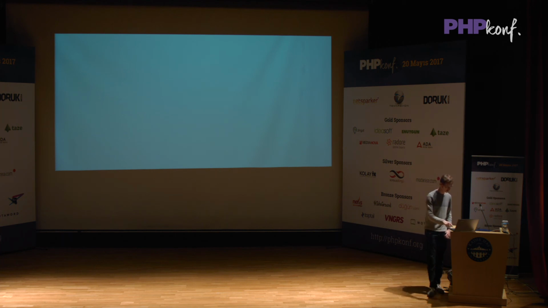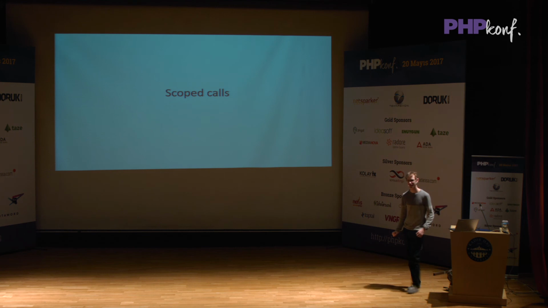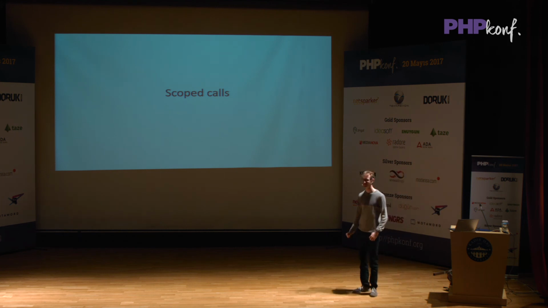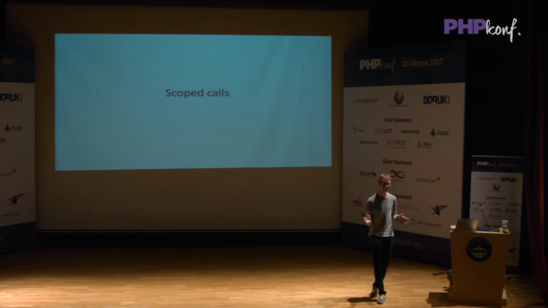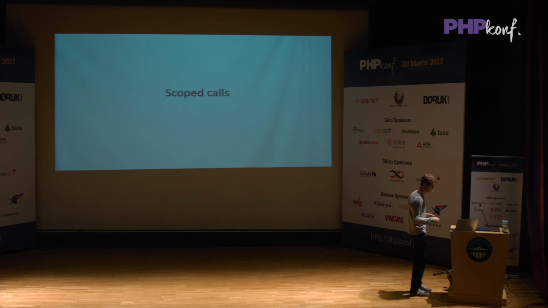So there is still some time. So there is only a limited amount of things I can say about object properties. So I have to switch to a different topic now, which is scoped calls.